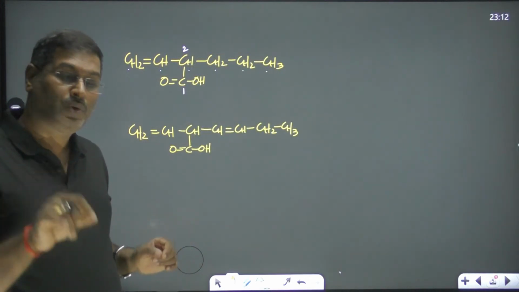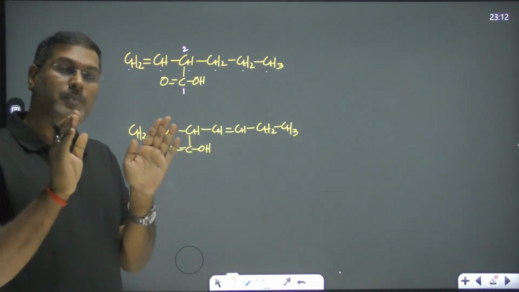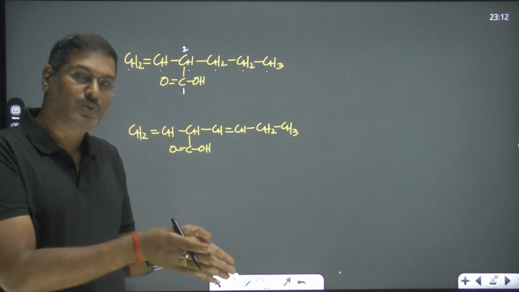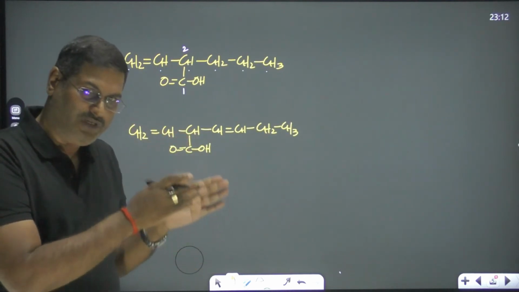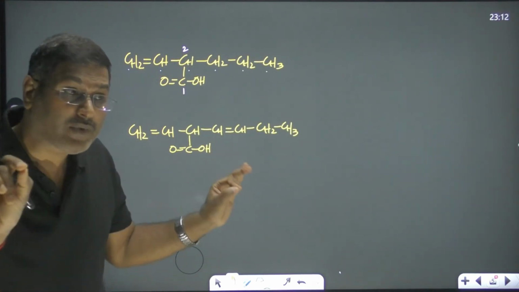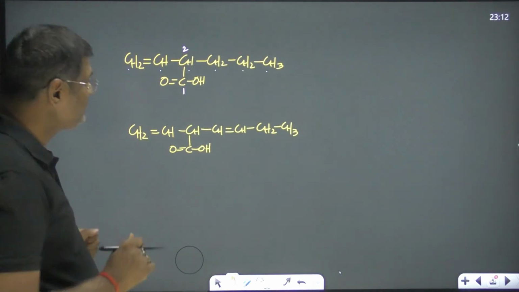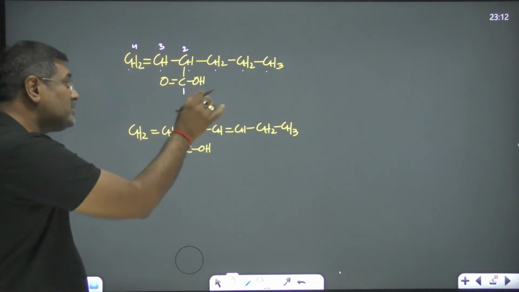So, including a COOH kind of functional group, the parent chain must include the double bond or triple bond if present in the molecule, irrespective of the number of carbon atoms in the chain. This one is third, this one fourth, this one is the parent.